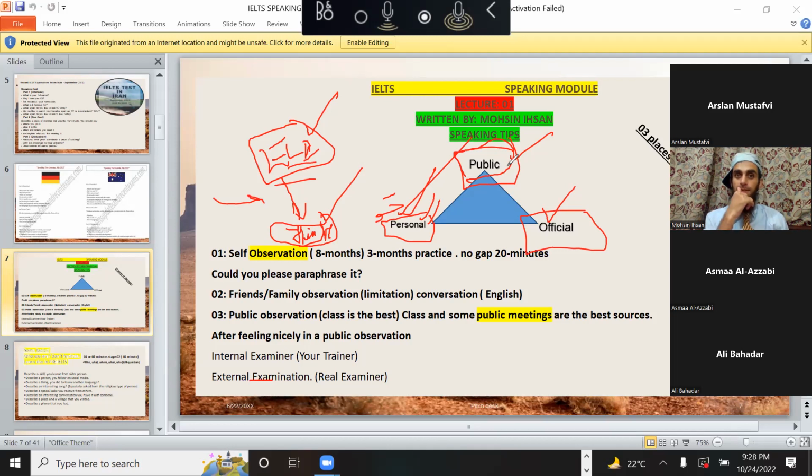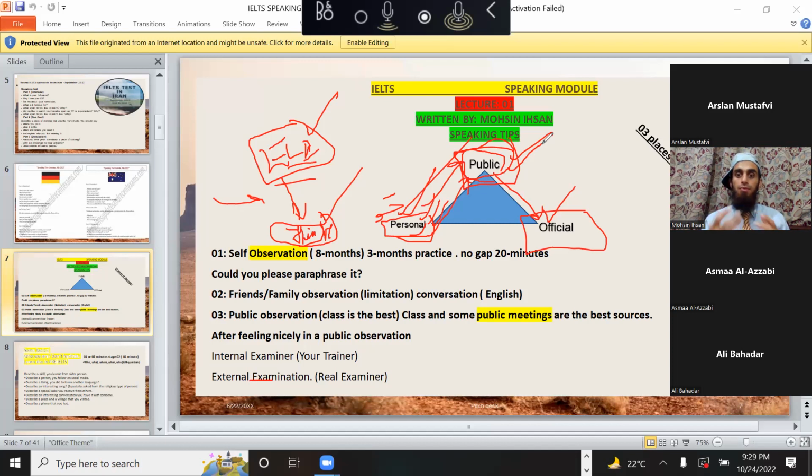When you can answer well for your own personal self, the next step is public, and the third step is official discussion. These are three stages where you should perform, think, analyze, and observe all situations in the English language.